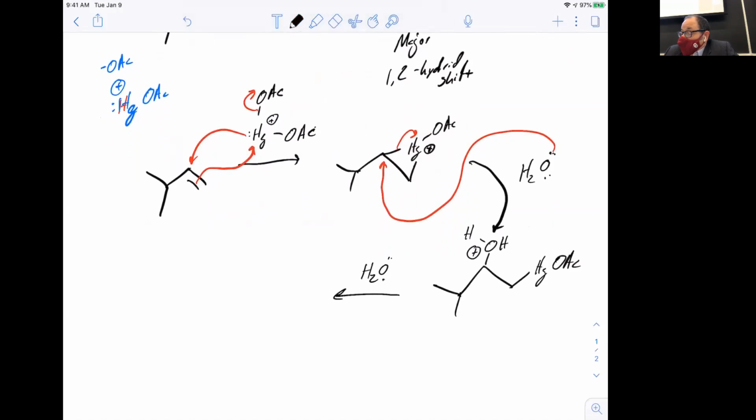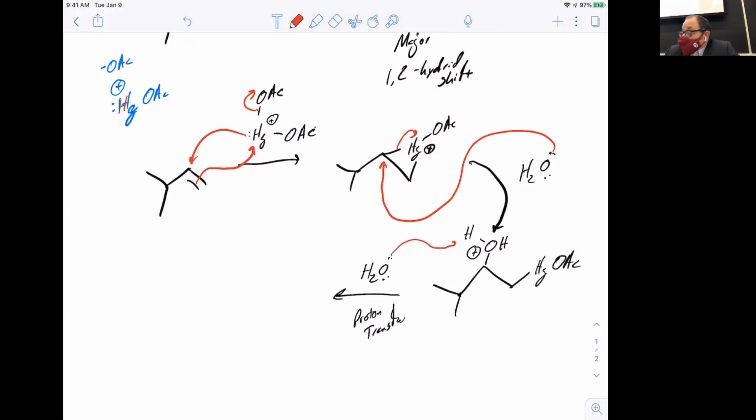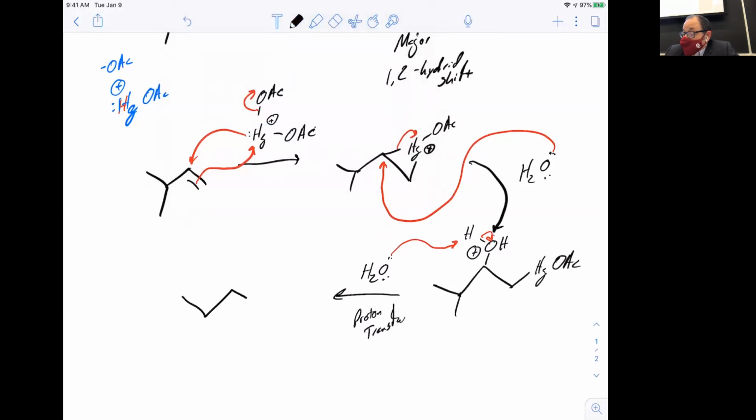Then we'll have another water to do a proton transfer. So lone pair picks up proton, electrons go back to the oxygen. I still have my mercury attached.